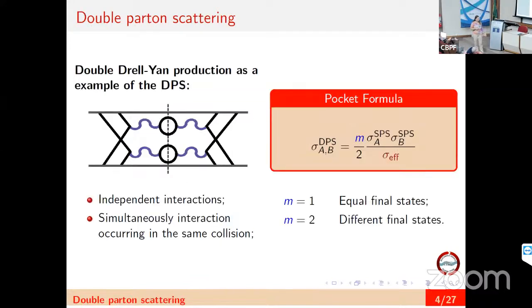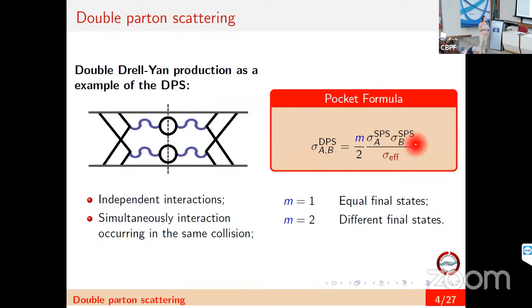In double parton scattering, we have two final states produced in the same collision, and the interactions are independent of each other. The way we evaluate a DPS cross-section is through what we roughly call a pocket formula.